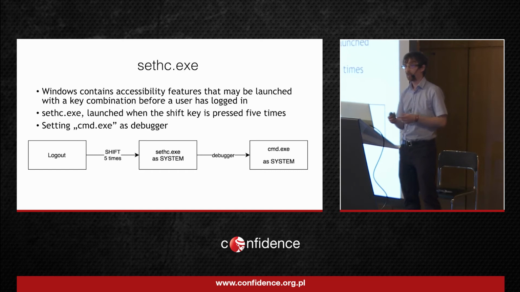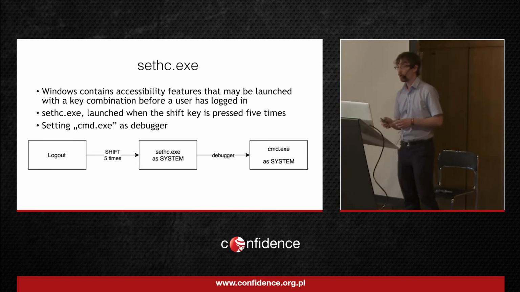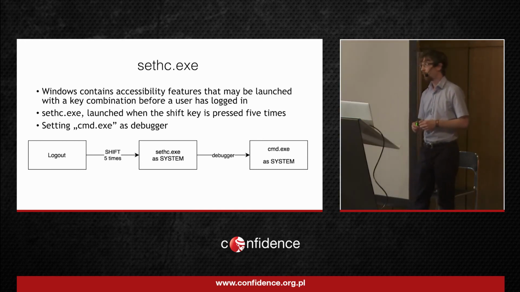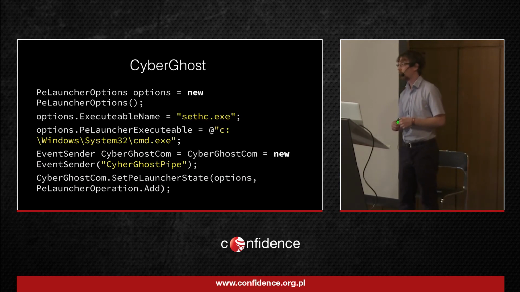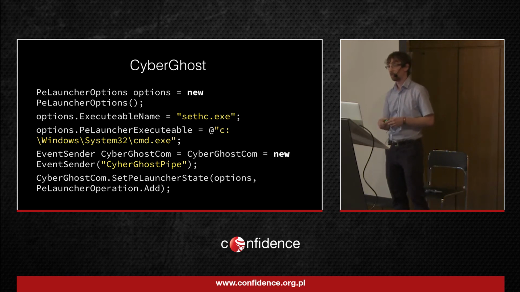So the operating system is executing this binary as SYSTEM, and that's how we can exploit this. Using the third-party service, I set the command line as a debugger for sethc. After that, I log out and press the Shift key 5 times, and the command line with SYSTEM privileges appears.